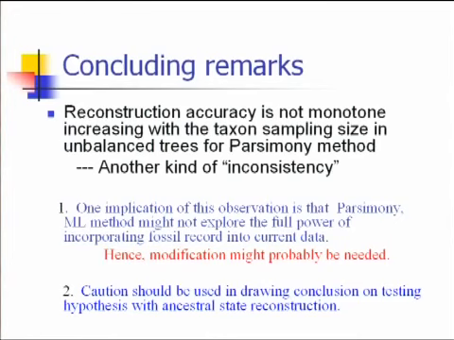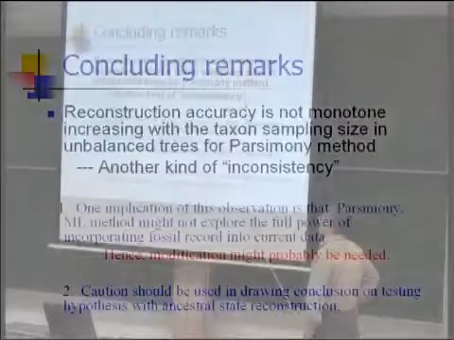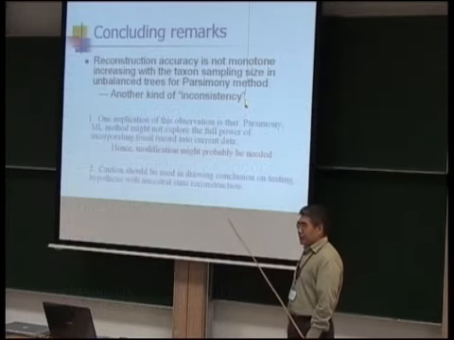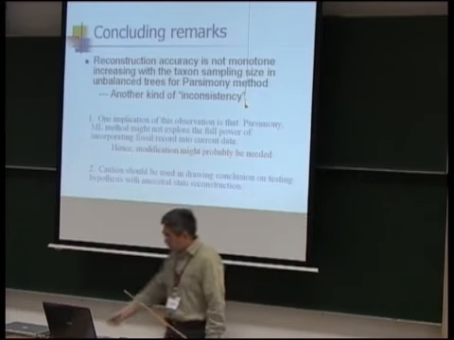Therefore, if somebody studies this kind of reconstruction problem, they may need to modify the method a little bit. Because of this, if one is careless, one may draw the wrong conclusions.